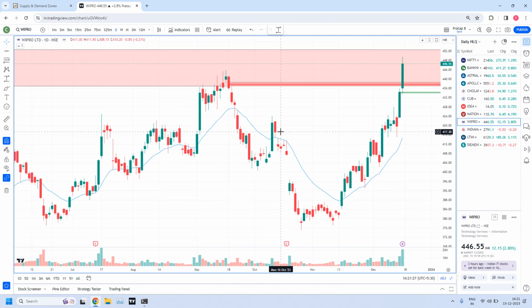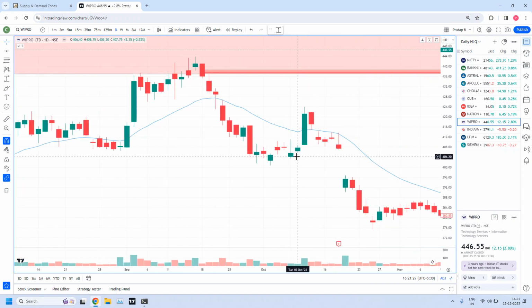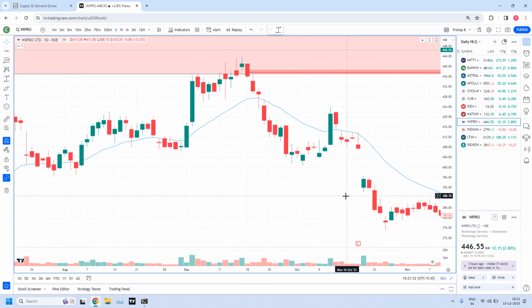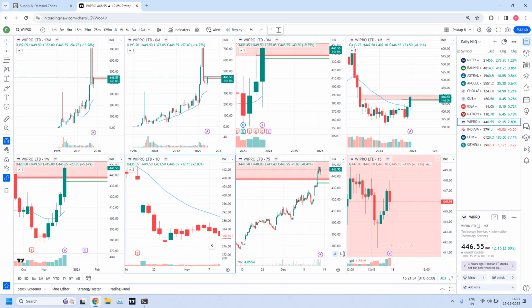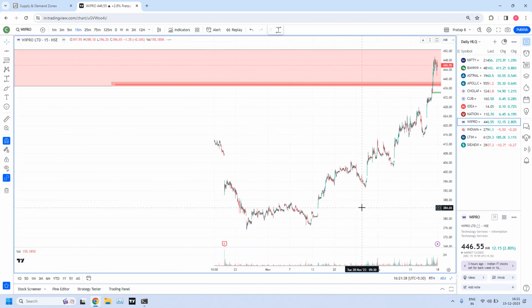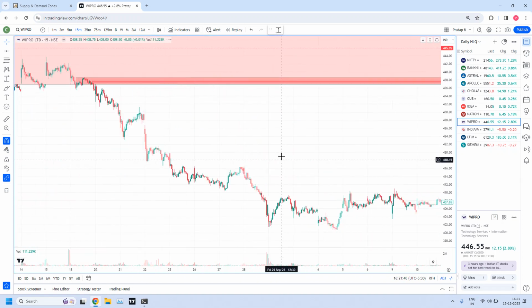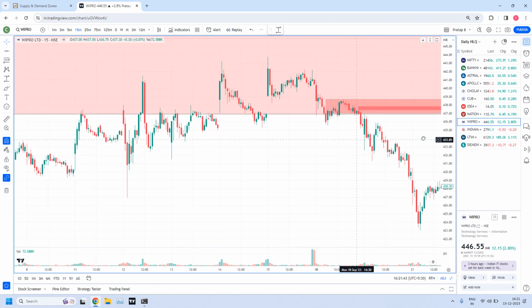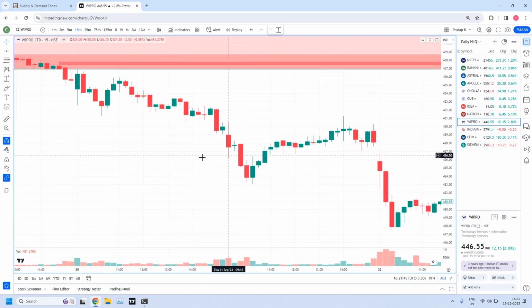In this daily time frame, we identified a 75 minutes high liquidity zone. This is the 75 minutes high liquidity zone.